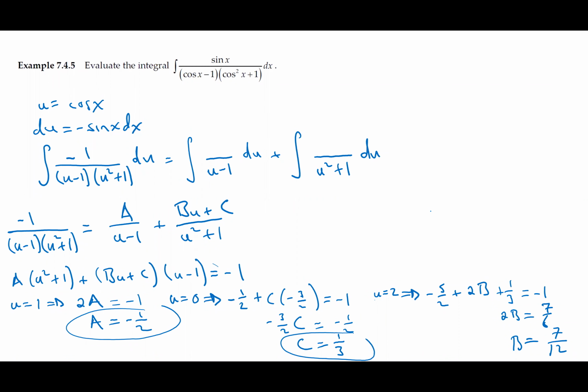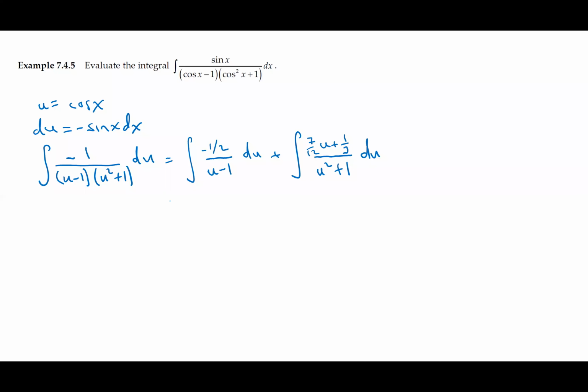Okay, so my A is -1/2, and then we have 7/12 u plus 1/3. So -1/2 natural log absolute value of u minus 1 plus, and then I'm going to break this up.